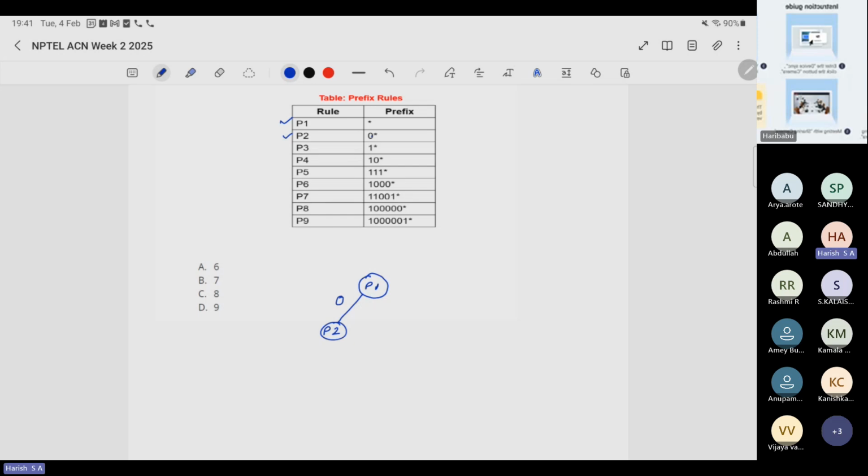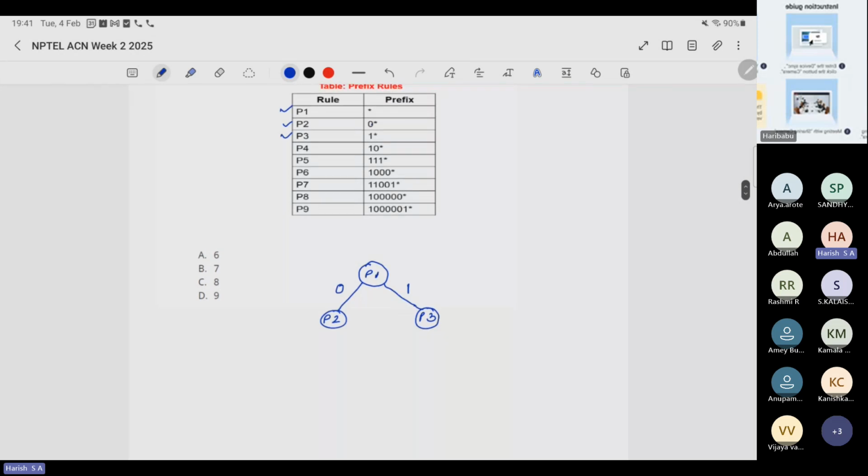Next is P3. P3 says 1 star. Because we've already added 0, now there is 1, and that is P3. First 3 are done.